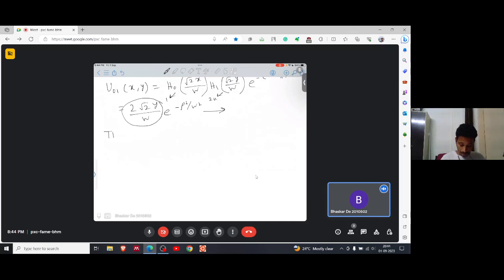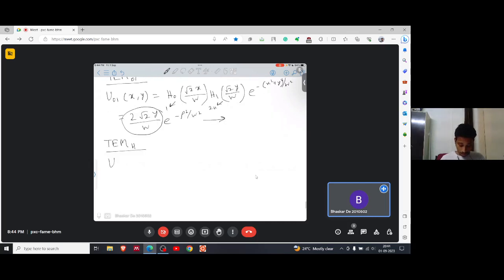Then again there is this TEM 11 mode, that will be u11(x,y), H1 of root 2 x by w, H1 of root 2 y by w, e to the power minus (x square plus y square) by w square.